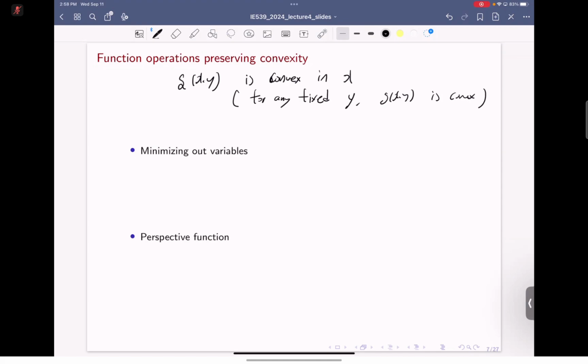And also g(x,y) is convex in y. So these are my two conditions. Again, for any fixed x, the function depends on y only, and that function in y is a convex function of the y variable.